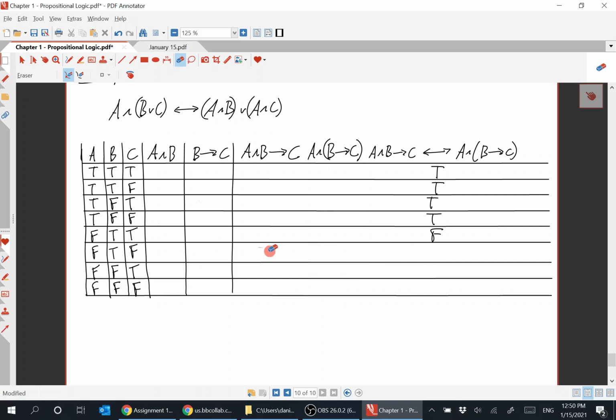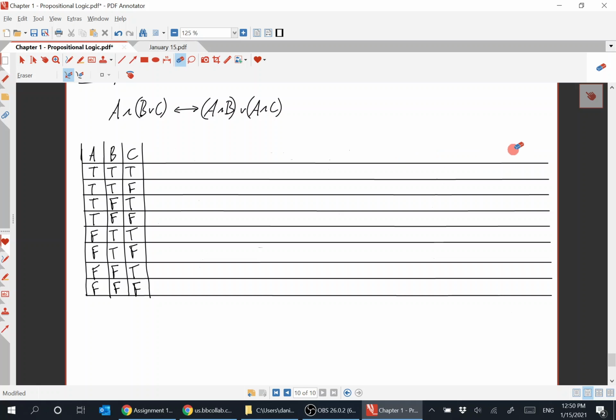Get rid of those two. The first connections that we should make are B or C, A and B, A and C.